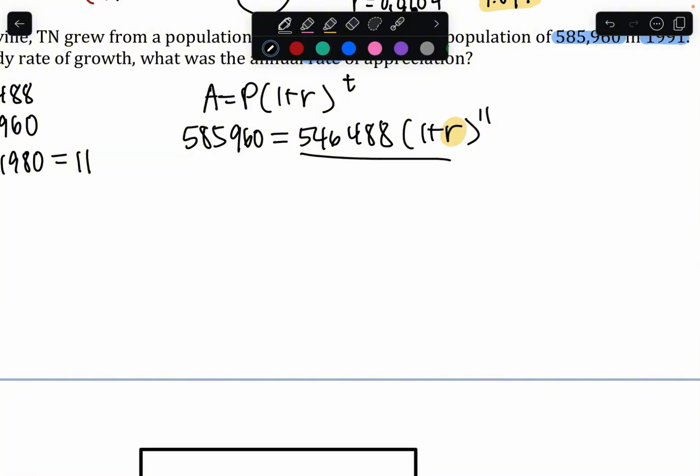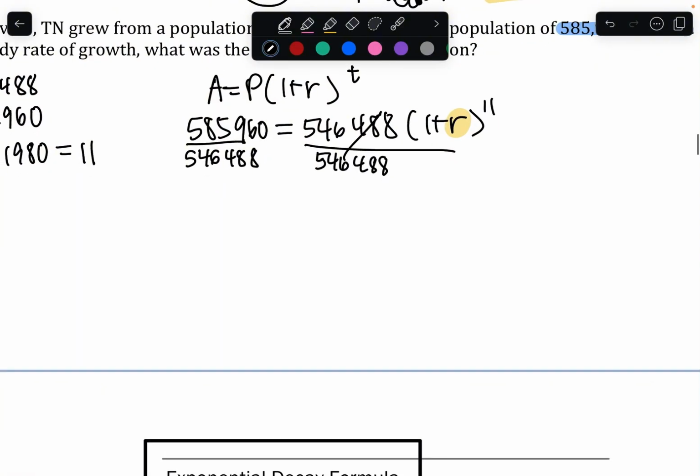And so our first step, divide. And then I'm gonna go ahead and write that down.